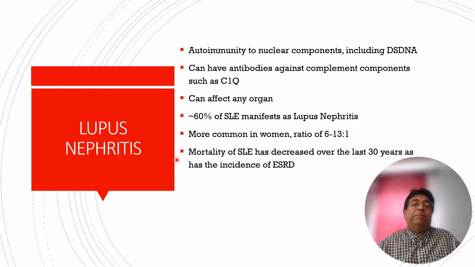Mortality of systemic lupus erythematosus has decreased over the last 30 years, as has the incidence of end-stage renal disease, mainly because we're diagnosing it better and we're treating it better.